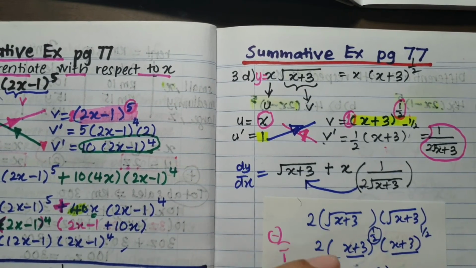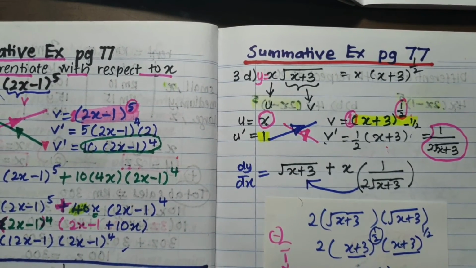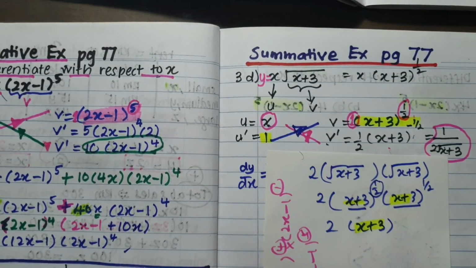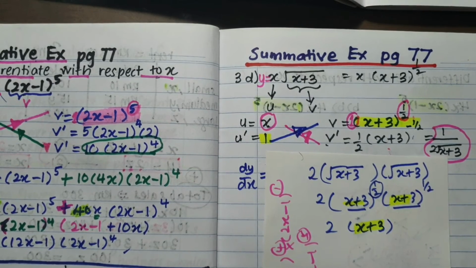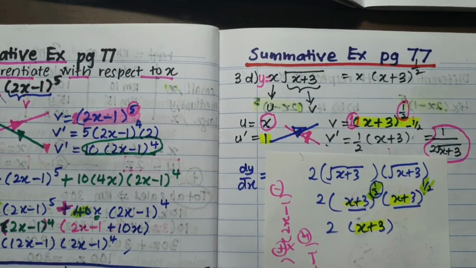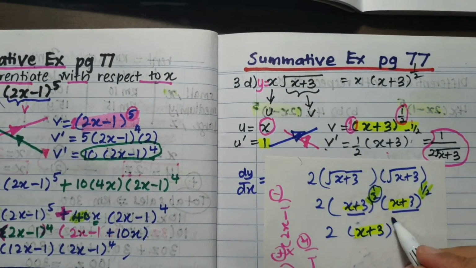The same function, and the index there, what happens to the index? Half plus half, so it becomes 1.